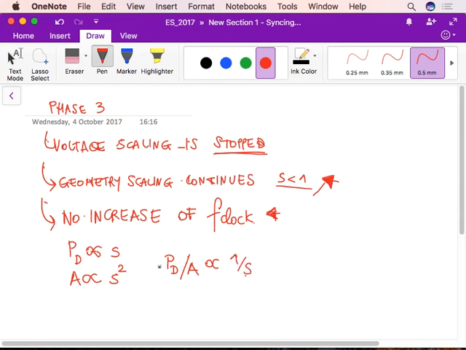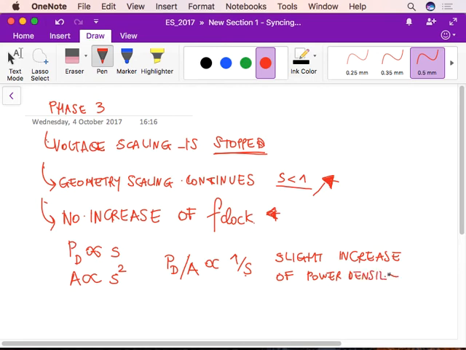So you have a slight increase of power density per unit area, which is not good.